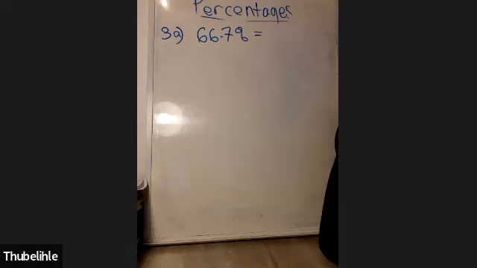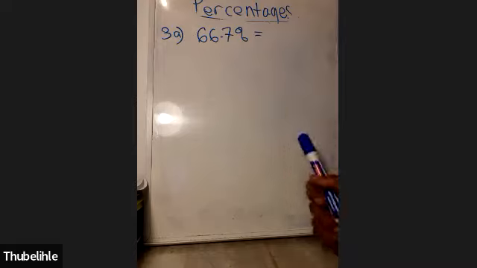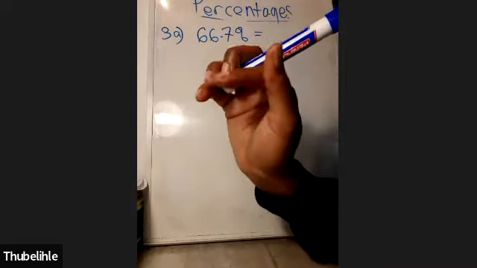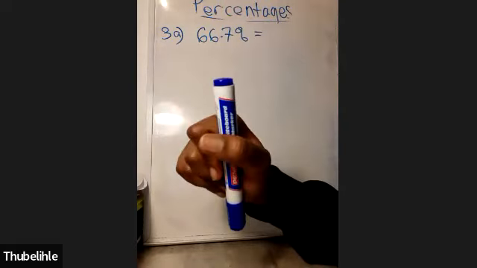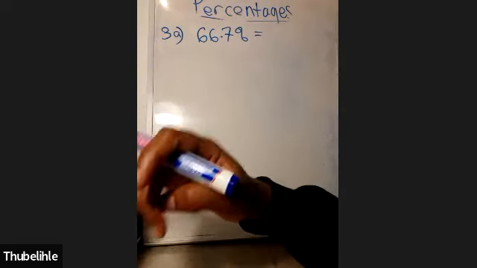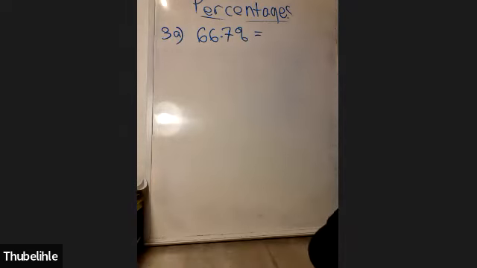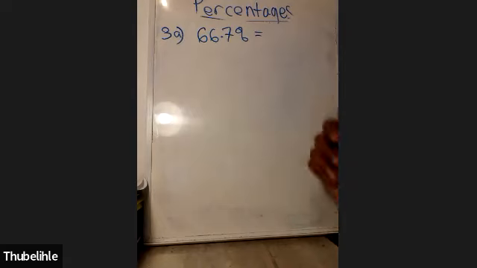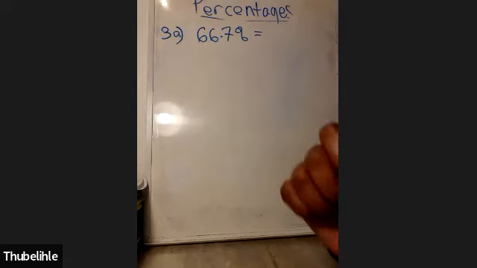Remember, we're trying to move fast so that we can cover a lot of ground before your exam comes. Who wants to try out 66.7%? Should I pick out somebody? Doris? Is Doris here? Doris, do you want to help us change 66.7 into a fraction?